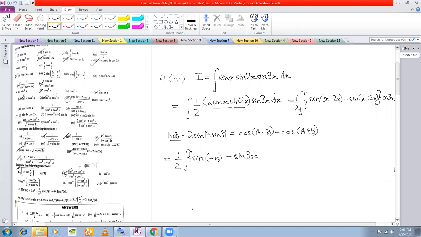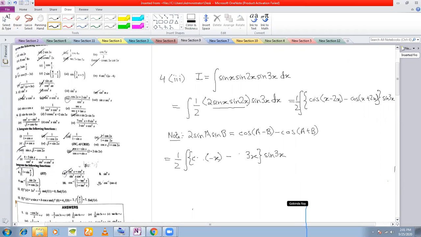Here it will be cos(x minus 2x), as per the cos formula. Sorry, I wrote sine, I meant cos.